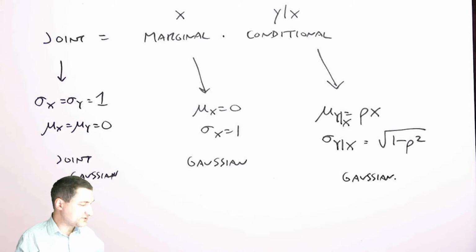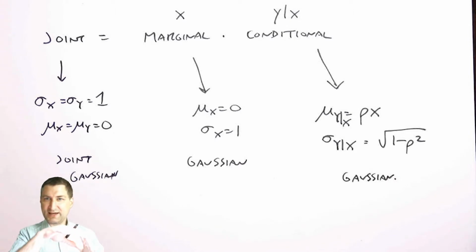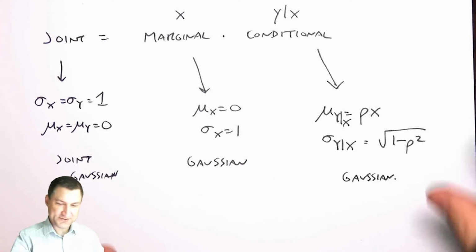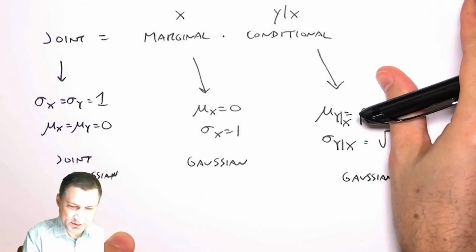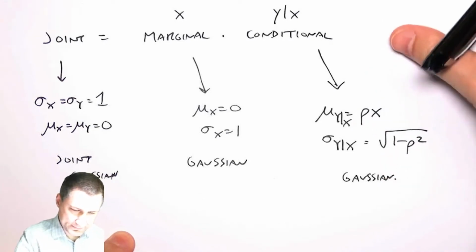I just want to pause for a second and mention what this kind of means, right? Remember that joint Gaussians, if I look at them like a topographical map, have these equally probable contours that look like ellipses, right? So let's think about what happens in this case.